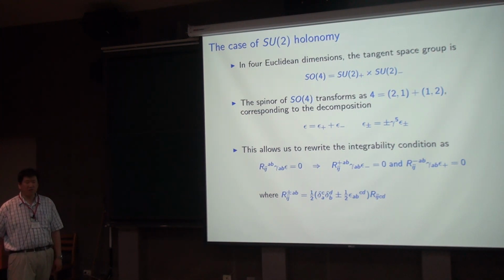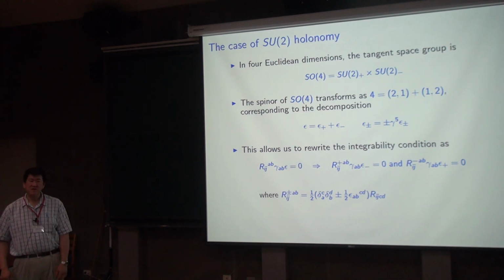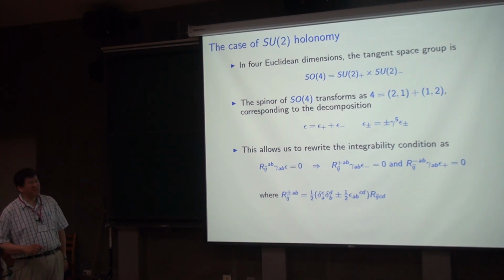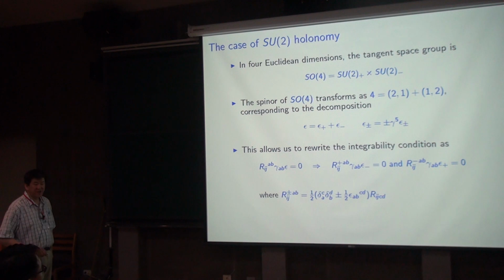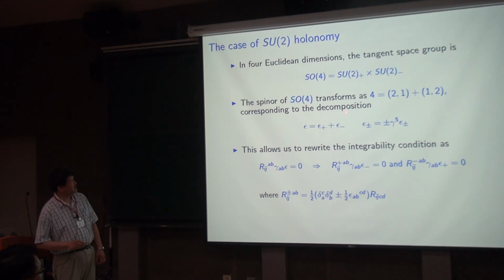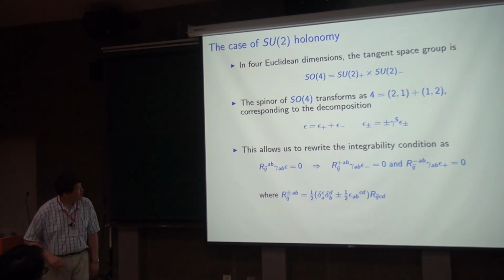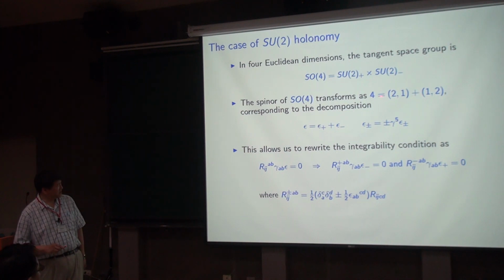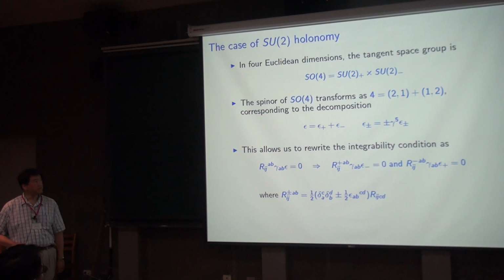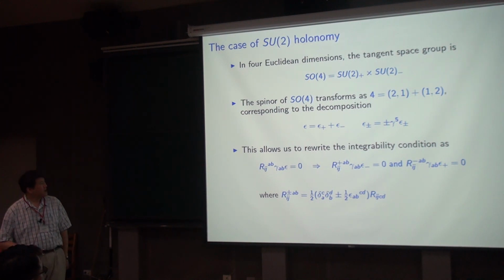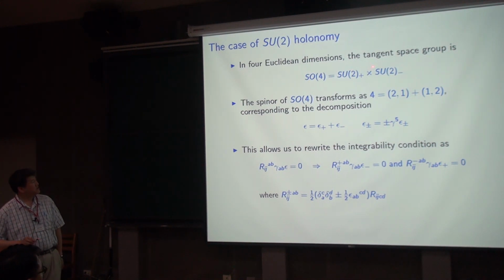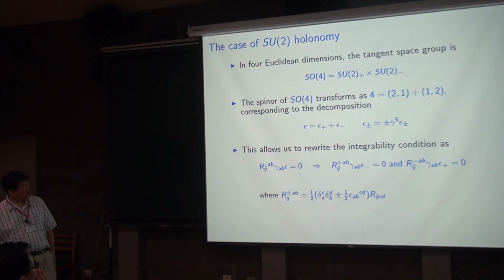The spinor of SO(4) is very much like the standard decomposition of SO(1,3), except this is SU(2)s instead of SL(2)s. The spinor decomposes as (2,1) plus (1,2). And SU(2) plus and minus is basically the chirality as measured by gamma five.